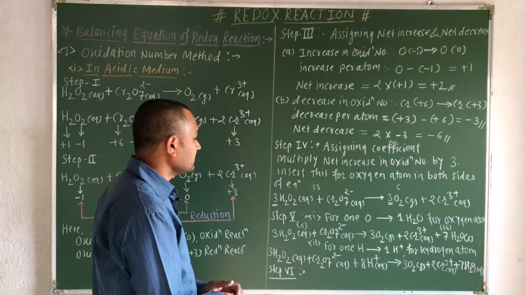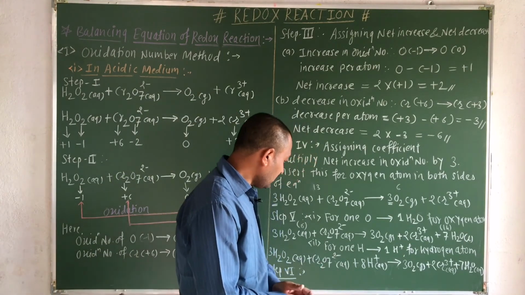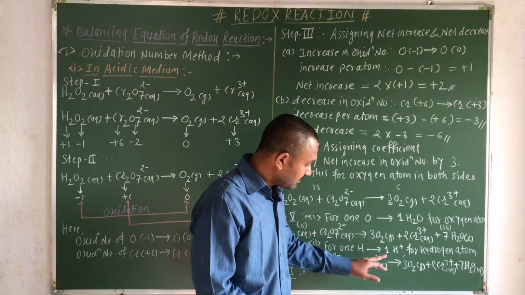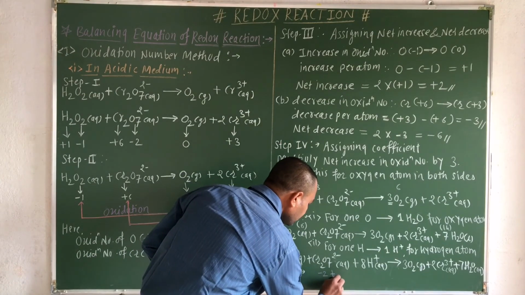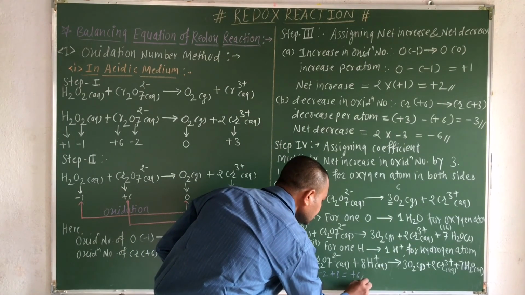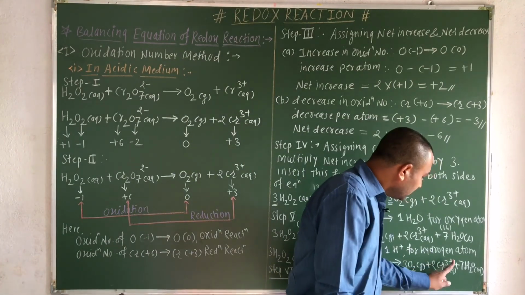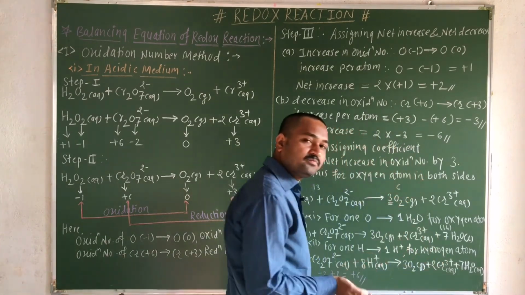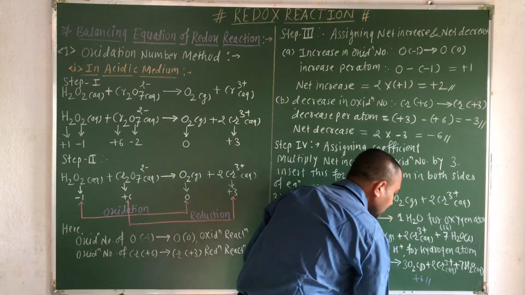Now let us consider the charges. Minus 2 charge here, minus 2 plus 8 will be equal to plus 6 charge on the left hand side. Now here 2 into plus 3. On one chromium atom there is a plus 3 charge, so on 2 chromium atoms there will be plus 6 charge.